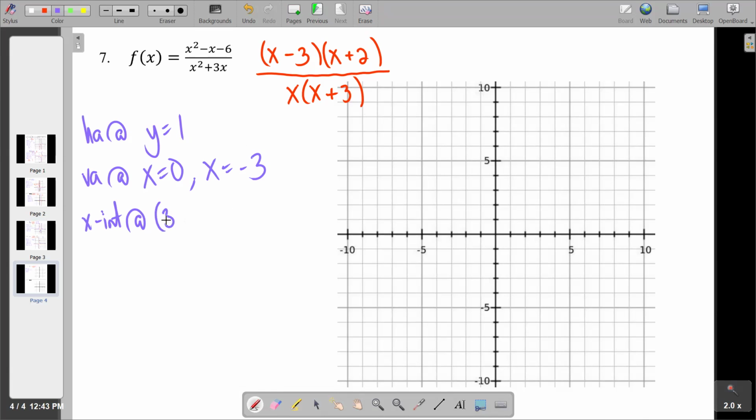At 3 and -2. How about the y-intercept? Fool me once, shame on you. Fool me twice, shame on me. Where's the y-intercept? There isn't one because the y-axis is hot lava. And are there any holes? No, because nothing canceled.